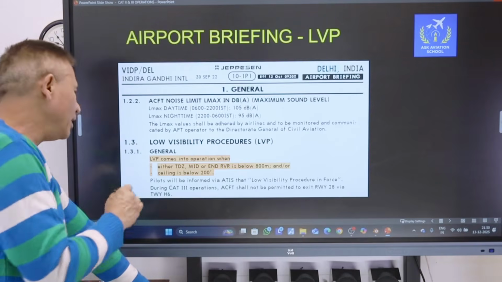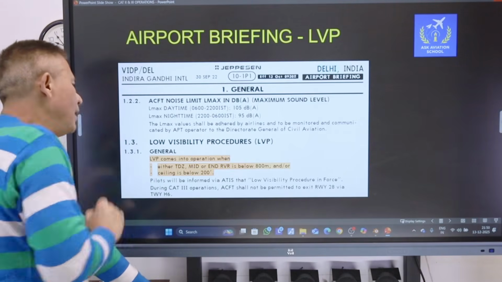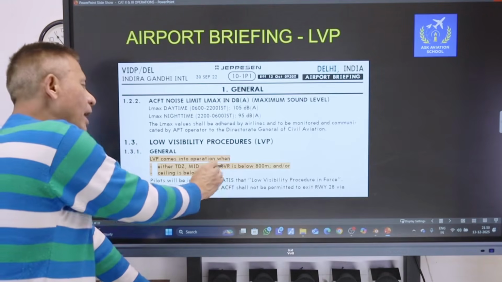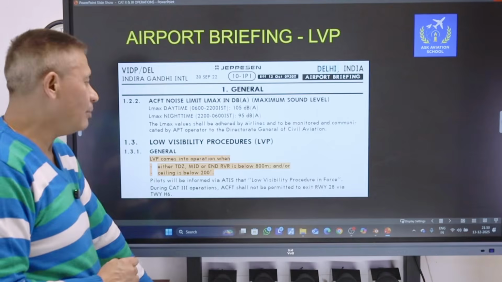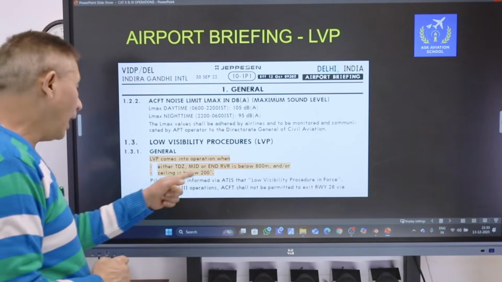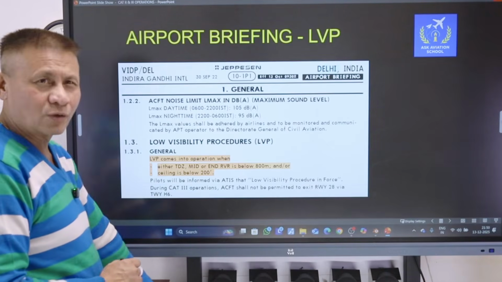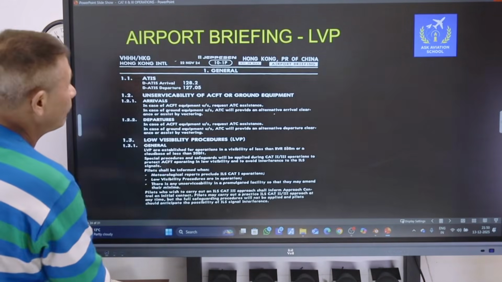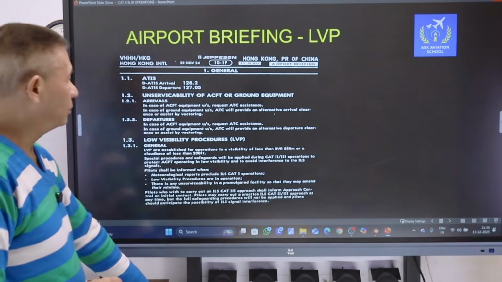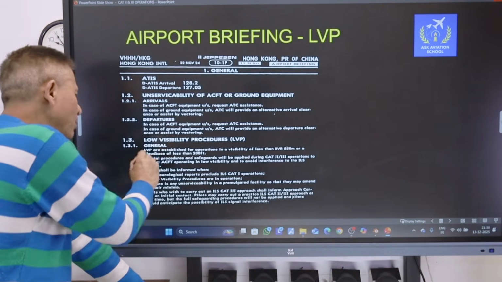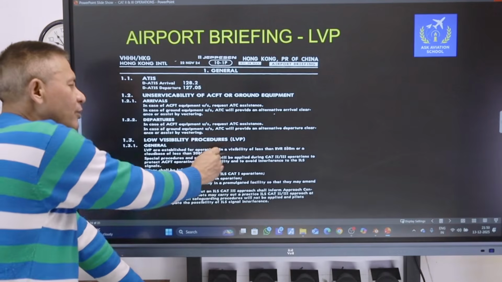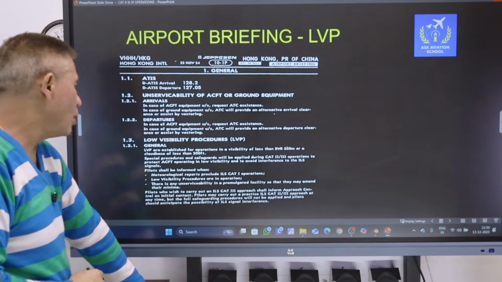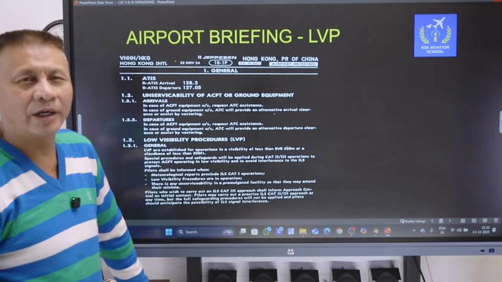For Delhi, it says that the LVP comes into operation when either touchdown zone, mid or stop-end RVR is below 800 meters and a cloud ceiling below 200 feet. Whereas in Hong Kong, the low visibility procedures are established for operations in a visibility of less than RVR of 550 meters or a cloud base of 200 feet.